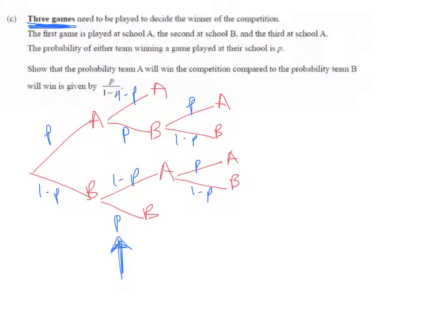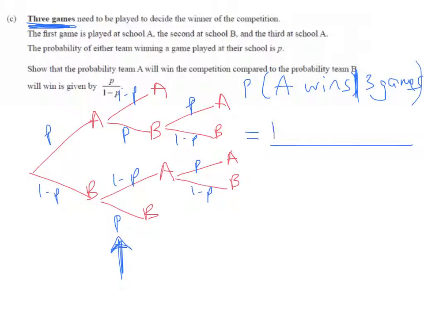So the first thing we're going to find is the probability that A wins, given that it takes 3 games, is going to be probability of ABA plus the probability of BAA, divided by the probability of 3 games.